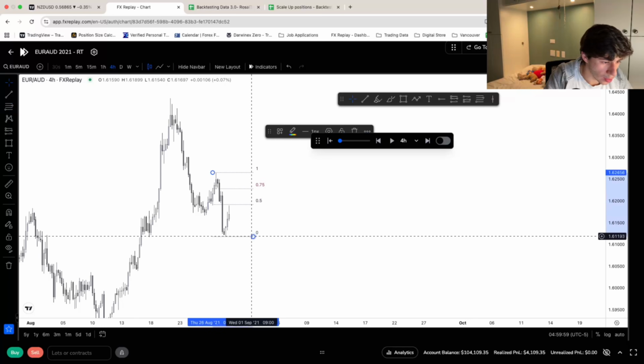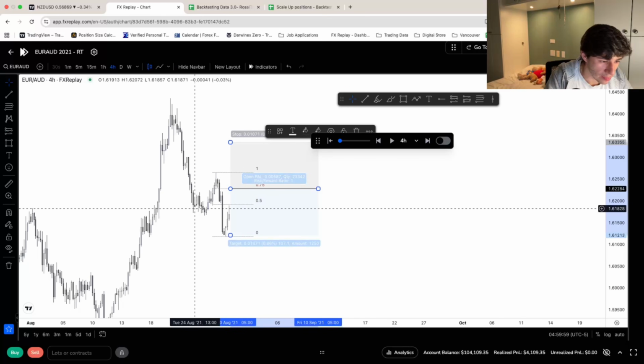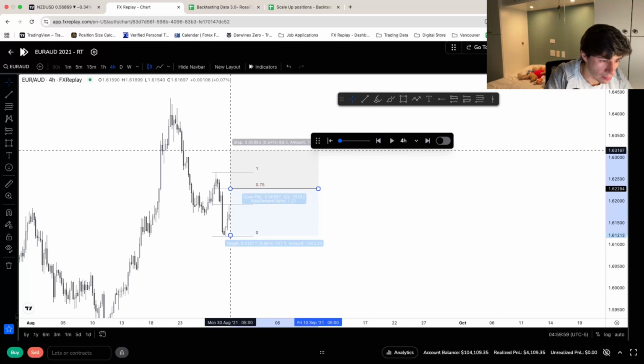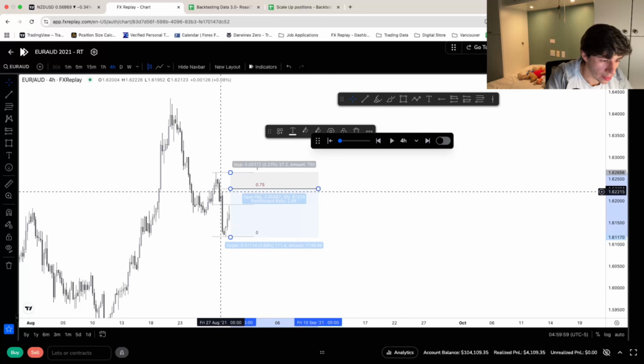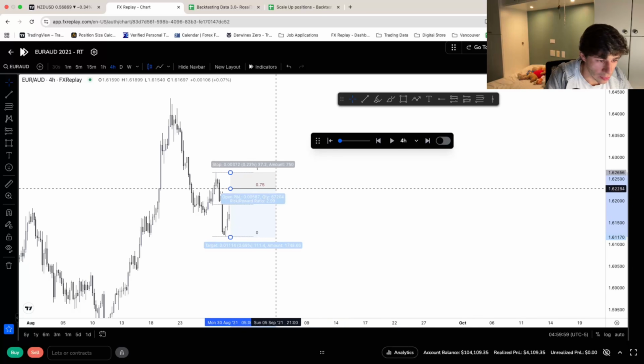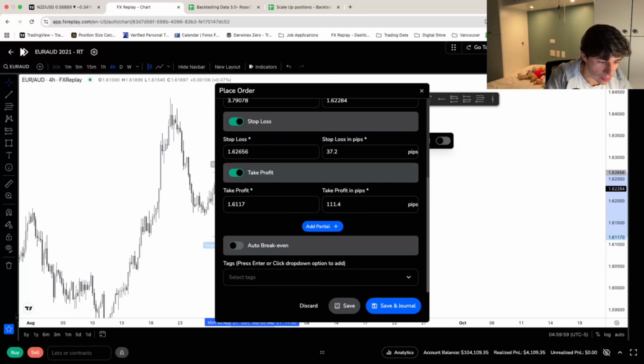Valid short, why not? Liquidity sweep, break of structure, fair value gap, everything in place. We actually even have some liquidity before our entry, which are those equal highs here. This one's here, so perfectly valid for us to take this short with no fear.